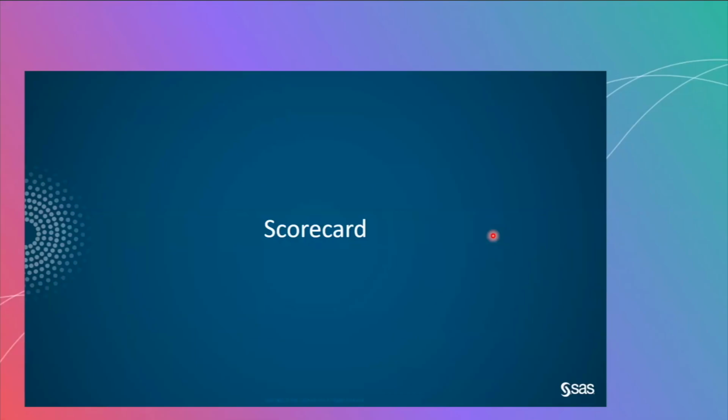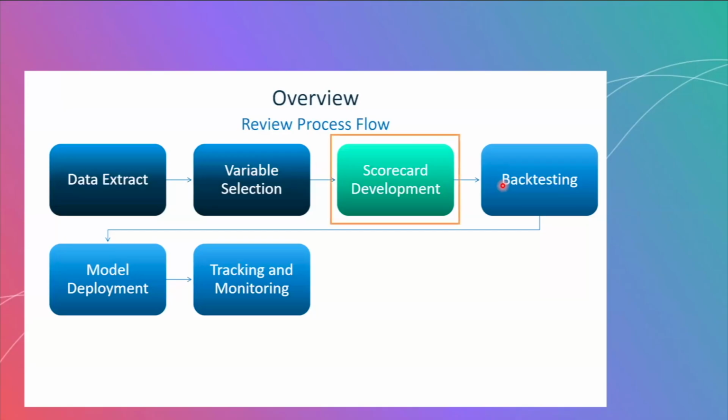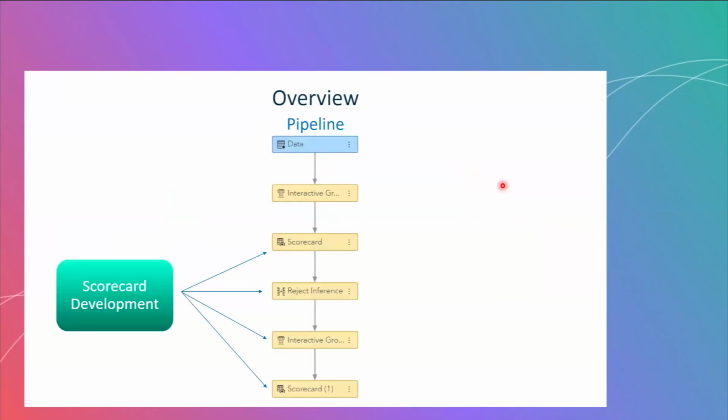All right. Now, after looking at the interactive grouping, we would look at the scorecard building process also. Wonderful. So scorecard is something that we had stopped at. The scorecard development process is used twice within the general pipeline.